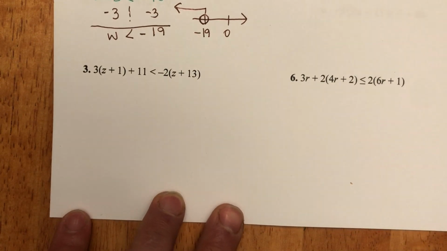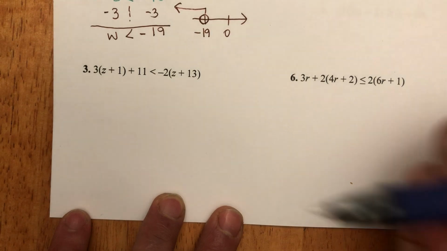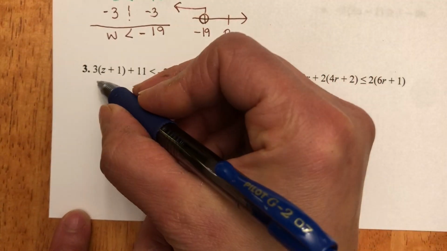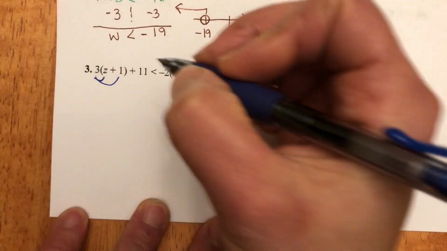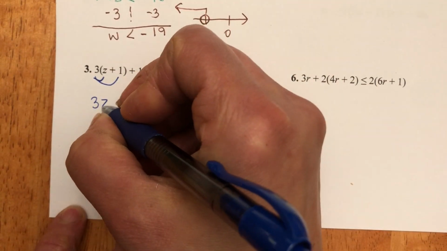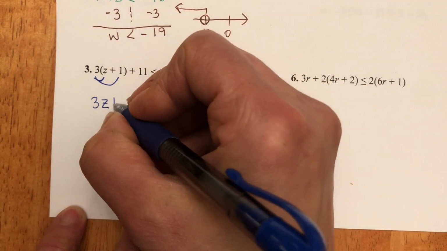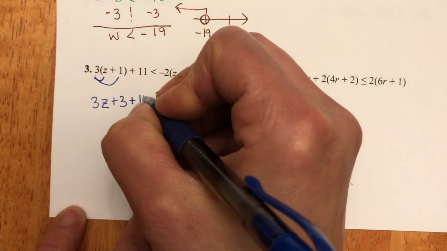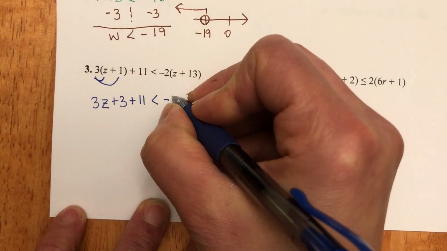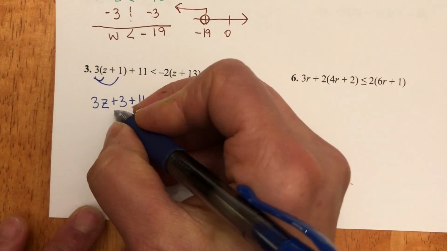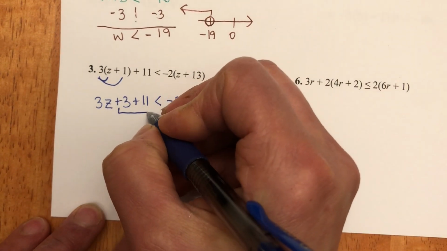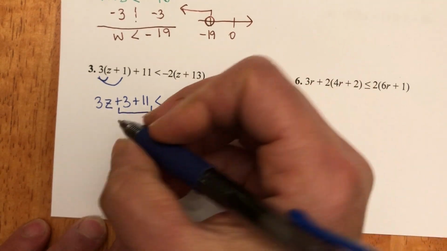And then the last example, it looks like it has the most stuff going on. So what I need to do is clean it up. Let's get rid of the parentheses. I'm going to use the distributive property: 3z plus 3 plus 11 is less than -2z plus 13. Well, I still can clean it up. I can combine those two terms.